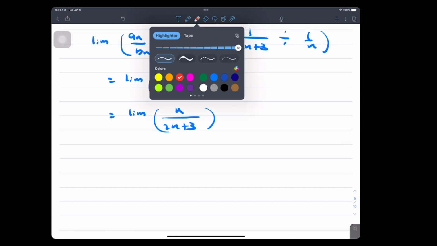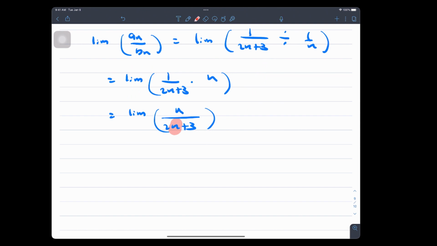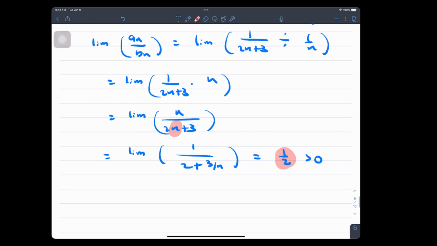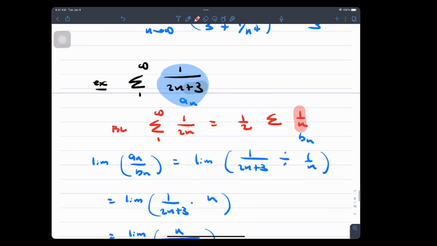So use some calculus. Divide every term by n. 1 over 2 plus 3 over n, and that's going to be 1/2. And again, that is finite and what? Positive.